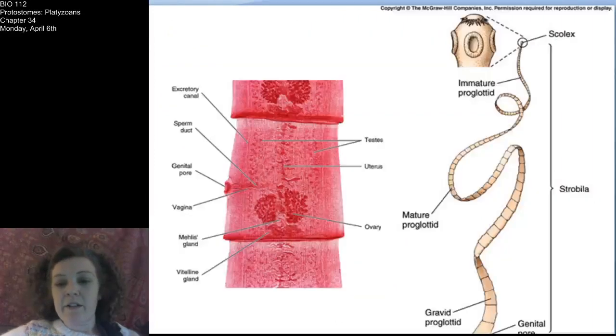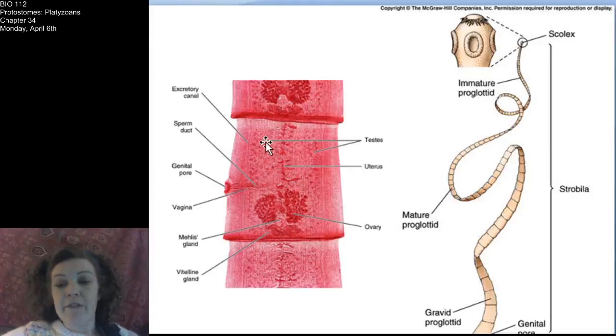Okay, so here you have the anatomy of a mature proglottid, right? They keep adding them, and they just get longer and longer and longer. Each proglottid has a genital pore and a full suite of reproductive organs, because these organisms are also hermaphroditic.